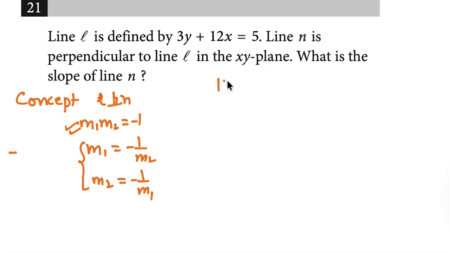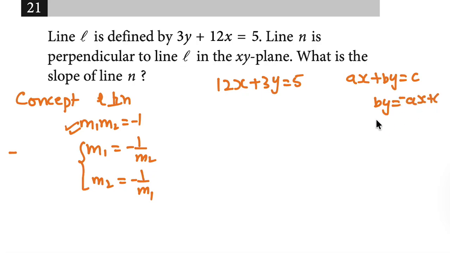Okay, in one of the questions I just explained how you can quickly find the slope from here only. Let's see the pattern. Let's say my equation is ax plus by is equal to c. Now if I try to convert it into slope intercept form, and that is true for every value of a and b, then if this equation is given in the standard form, the slope is equal to the negative of the coefficient of x over the coefficient of y.